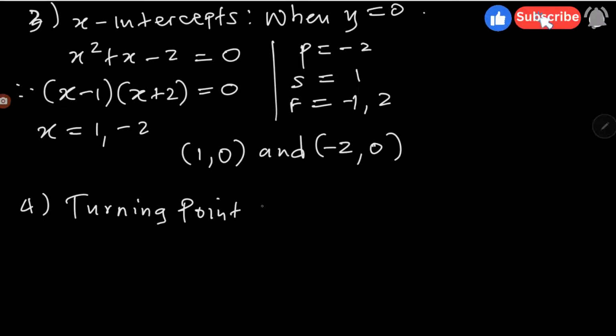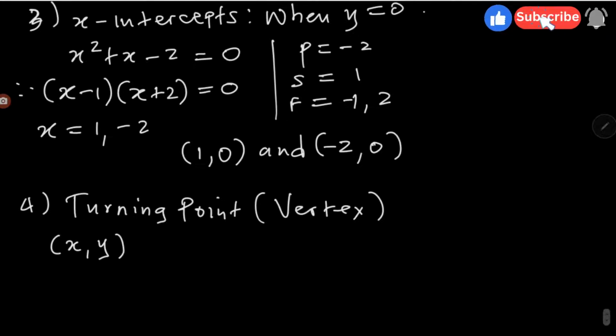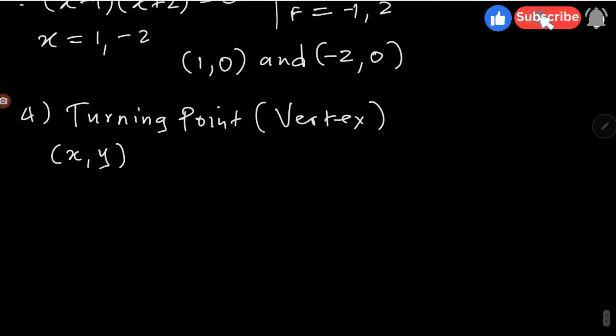This turning point is what we are calling the vertex, the point x comma y. Our x is found by applying the formula minus b over 2a, where a is the coefficient of x squared and b is the coefficient of x.